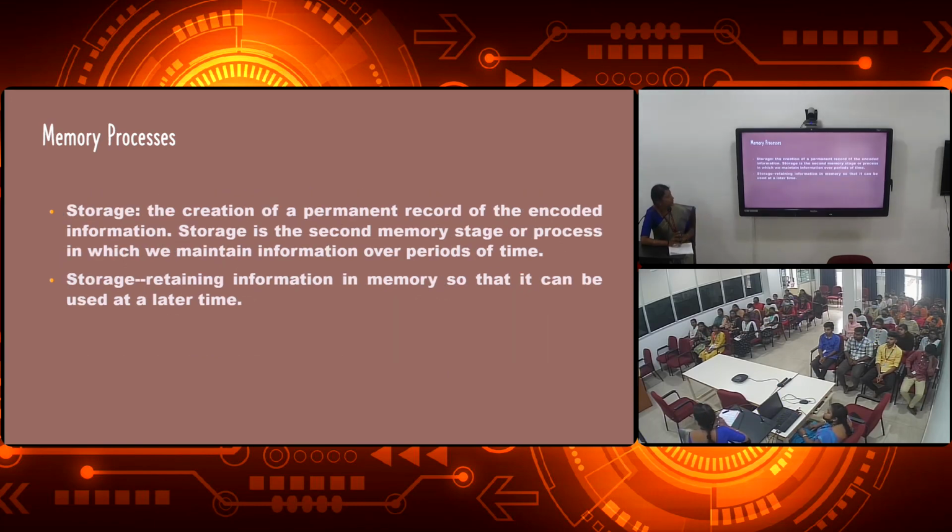Then the second stage is storage. In storage, we create a permanent record of the encoded information. After the information gets inside you, you do the storage work. This is the second process, the stage in which we maintain information over a period of time.